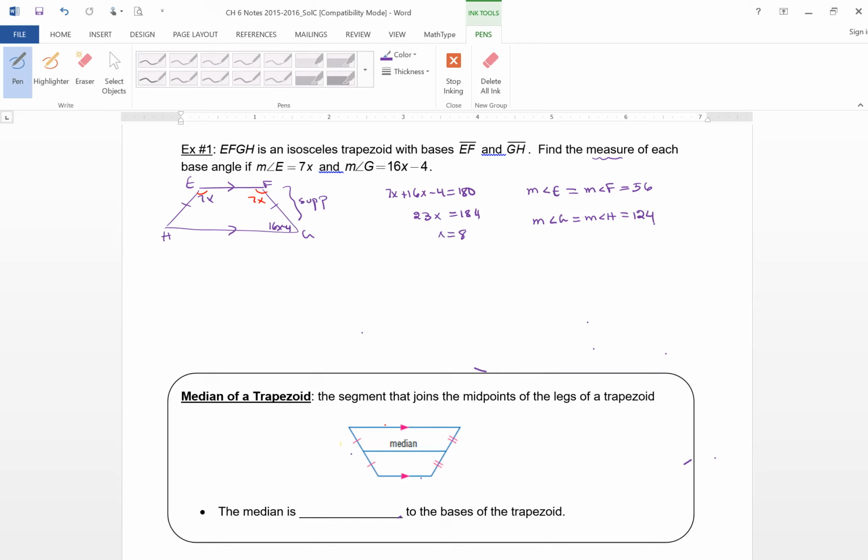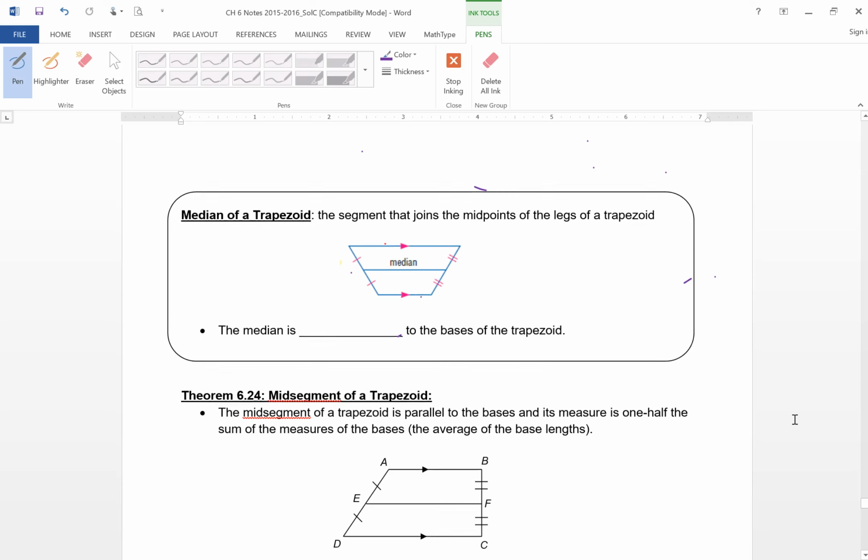All right. This one is very, very important, and it shows up, you know, sometimes out of the blue. It's called the median of a trapezoid. Now, we've talked about median of a triangle. This is the median of a trapezoid. The median of a trapezoid is a segment that joins the midpoints of the legs.